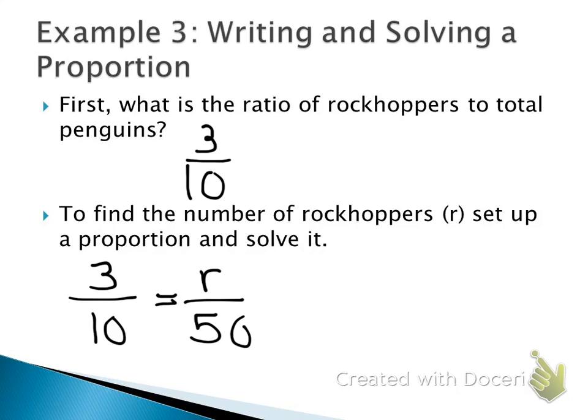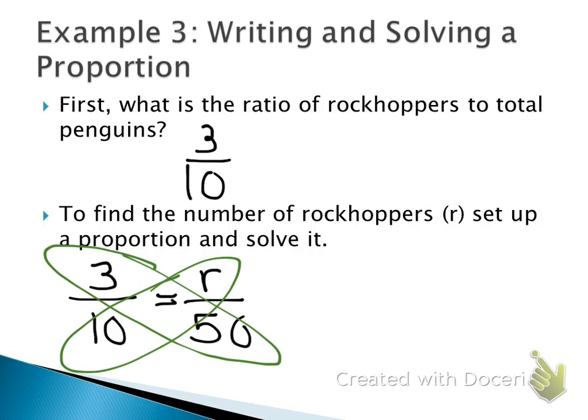You see that? Before it was giving me rockhopper to African. Well, that's not what it was asking me to solve for. It gave me the total on the other side. So I've got to compare rockhopper to total and rockhopper to total. Okay? So it's very important that you're comparing the same unit. If you don't, you're going to get the wrong answer. Okay, so now you're going to use cross products to solve because that's what we're learning in this lesson.